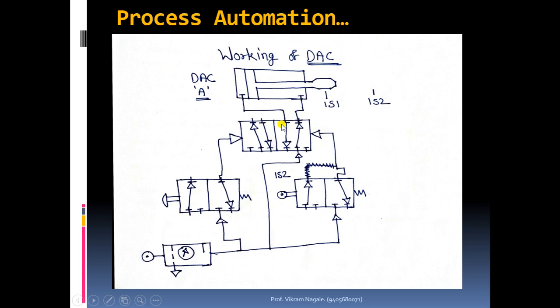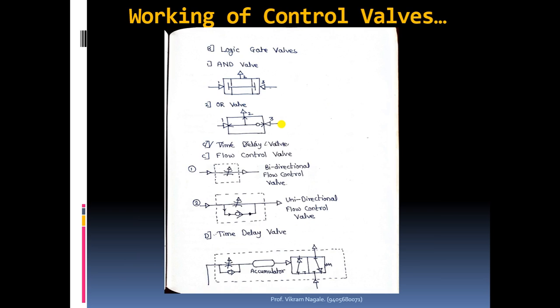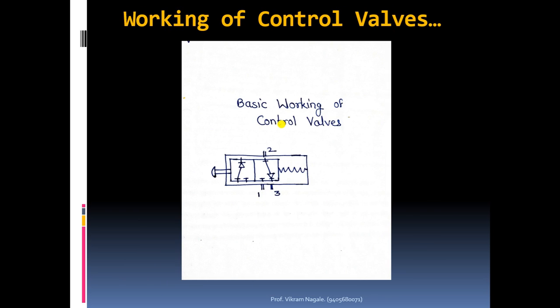Now see, as we have discussed about the working of the valve, the valve has ports on its casing, and the ports of the block will coincide with the valve ports.